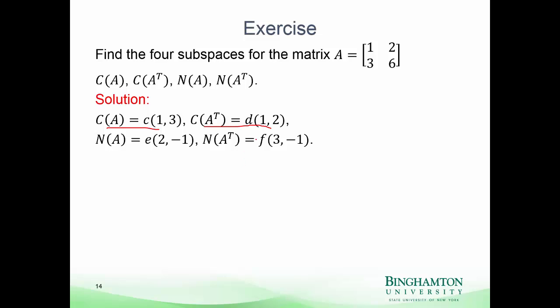And you can easily verify that if you pick this vector and put it here, so if you put a 2 and a -1, that you'll get 0, so that is a basis vector. So any scalar times that vector is in the null space, and that creates the entire null space. And likewise, you can check that this is the left null space basis.